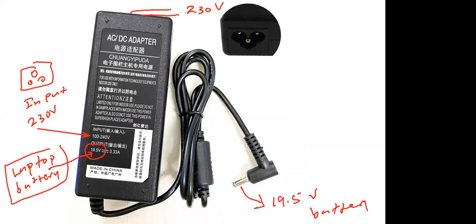That means what? Inside this box there's transformer action. That means this box-like thing of the laptop charger converts high voltage to low voltage. Again I am repeating this. It converts high voltage. What is the high voltage? Input voltage from the plug point 230 and output voltage 19.5.